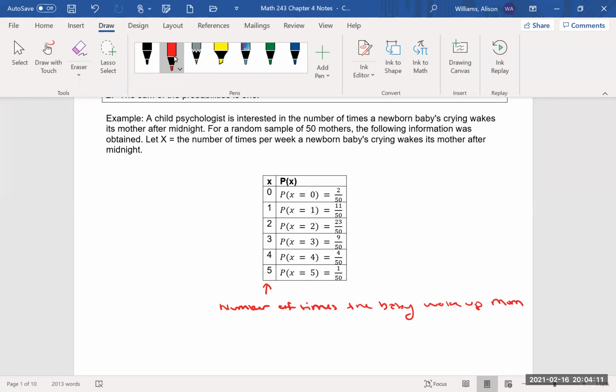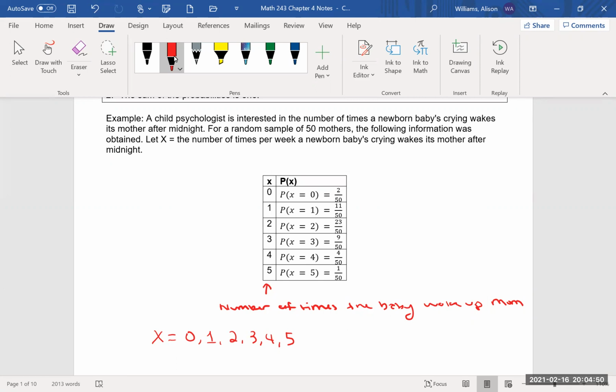So it's something specific about it being in the middle of the night. For this problem, X is taking on 6 different values. It could be 0, 1, 2, 3, 4, or 5. Nobody answered more than 5. So 5 was the maximum, meaning that the newborn does sleep some nights without waking up after midnight, but 5 nights out of those a week, maybe the baby woke up. Maybe the baby just had a really rough night. But there you go. That's what the discrete random variable is for this problem.